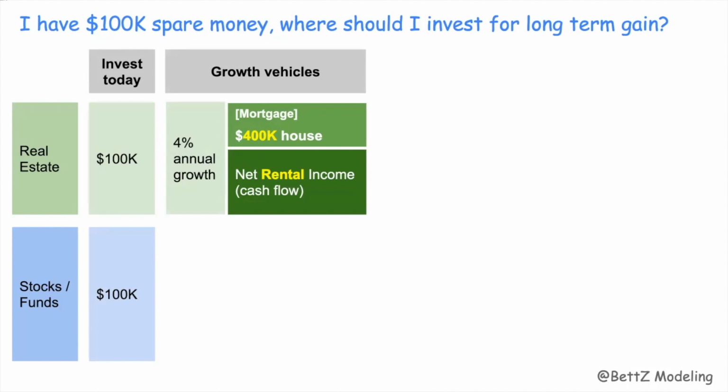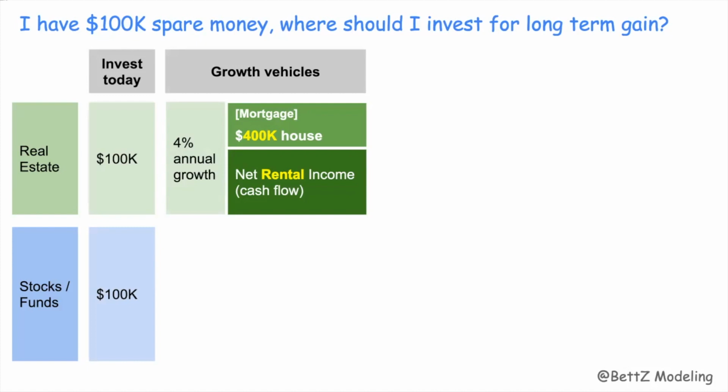Secondly, if you can manage to get net rental cash flow positive during the years you hold the property, this is another bonus. This is not our focus today. I will make another video talking about how to choose investment properties to maximize net rental income and cash flow. Let's just assume this cash flow is 0 to keep the math simple.